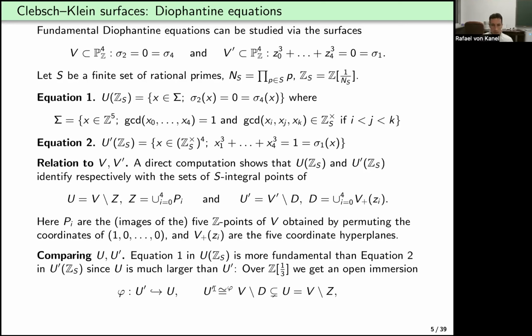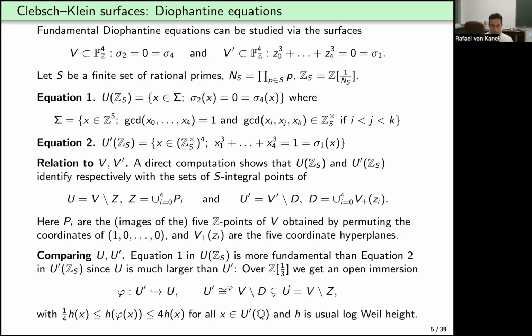When we look at the image, U prime is isomorphic to V minus D, and this is strictly contained in U, and U is just V minus Z. So we see that U prime is essentially given by V minus a divisor, so minus a curve, while U is given by V, where we only remove 5 points. What is also useful for Diophantine problems is that this open immersion is compatible with heights.